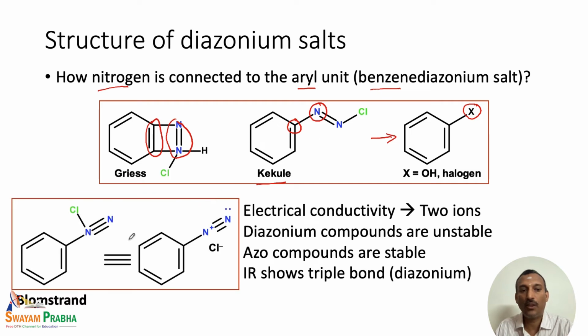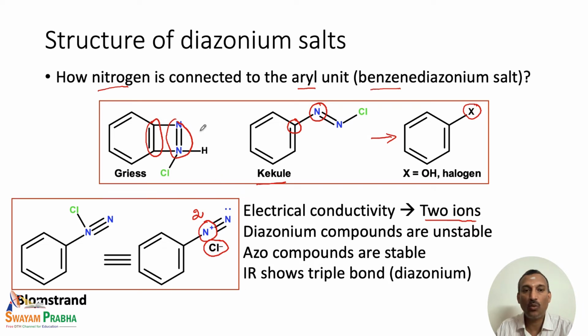And of course, Blomstrand went further and studied a few other characteristics of these kinds of compounds. Based on the electrical conductivity of these diazonium salts, he identified that there are two ions present in the system. That is the reason, when we say diazonium salts, there is one ion, N plus, and there is also another ion, Cl minus. So, two ionic units are present, found using electrical conductivity studies.